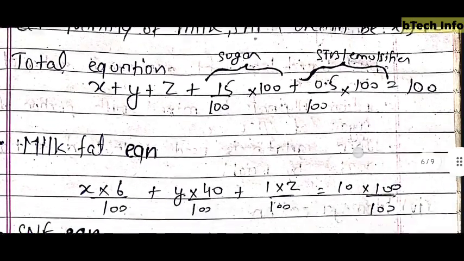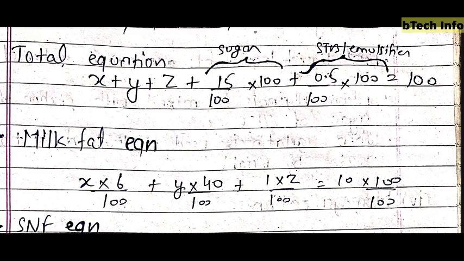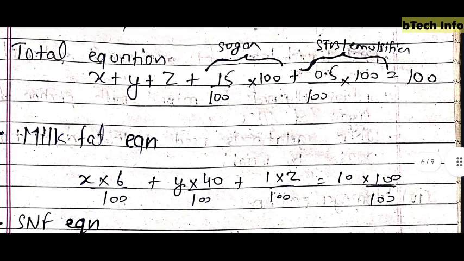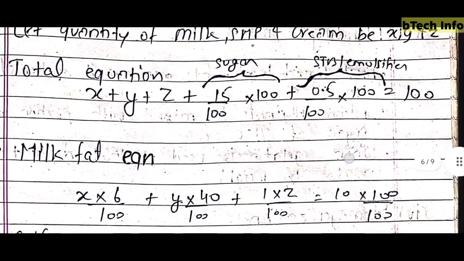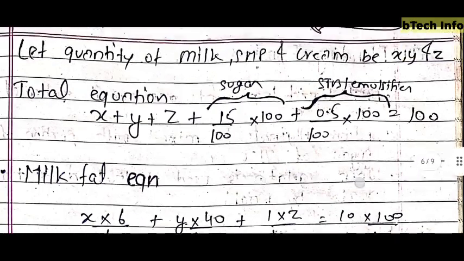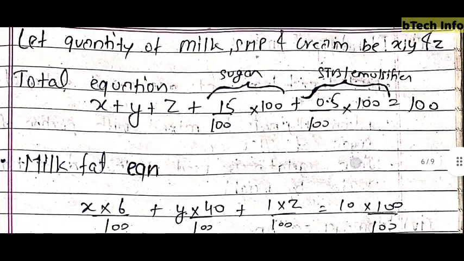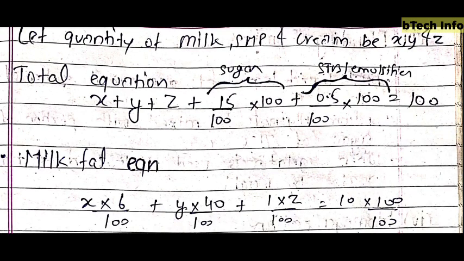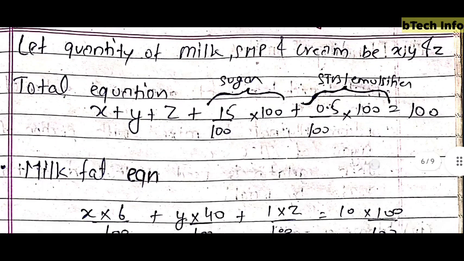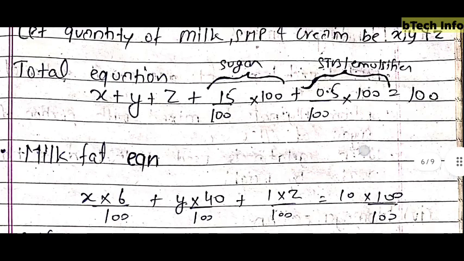Now we have to make three equations. The first one is the total equation, the 100 kg, in which X, Y, Z are the milk, SMP and cream, and for sugar we multiply with the amount of the mix, meaning we find 15% of the total, and for stabilizer we do the same for 0.5% of the total.